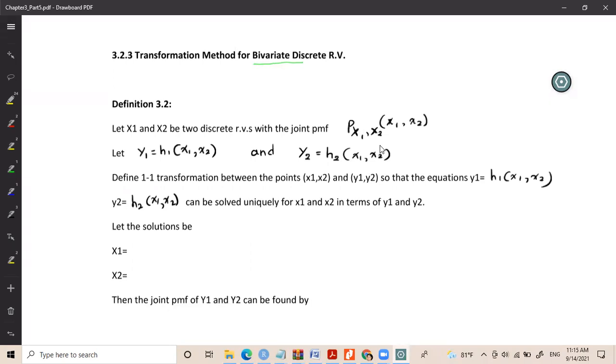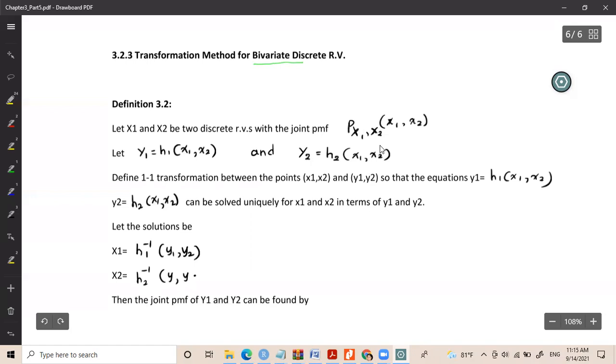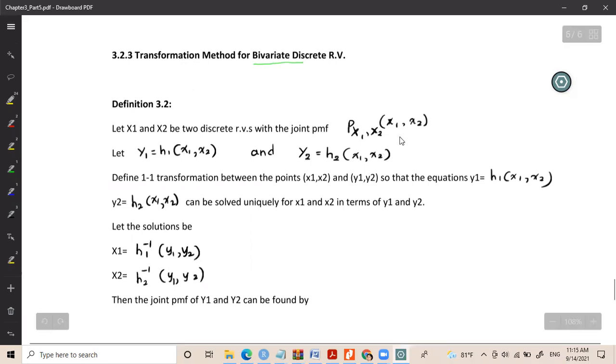Okay. So what are these solutions? X1 will be H1 inverse of Y1 and Y2. So you write X1 in terms of Y1 and Y2, and X2 again in terms of Y1 and Y2, like this. Okay. Then the joint PMF of Y1 and Y2, that is what we want.